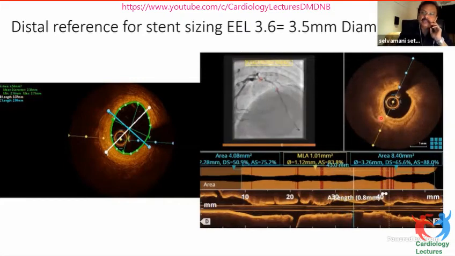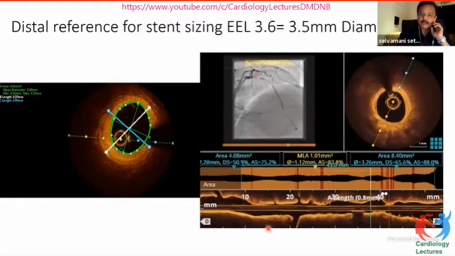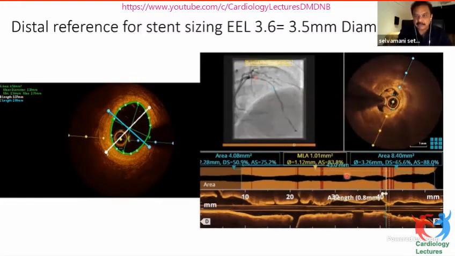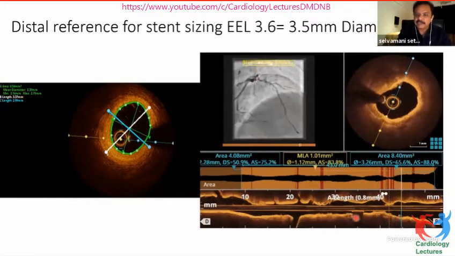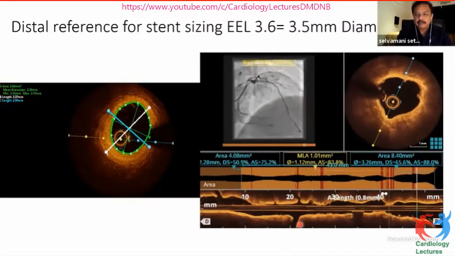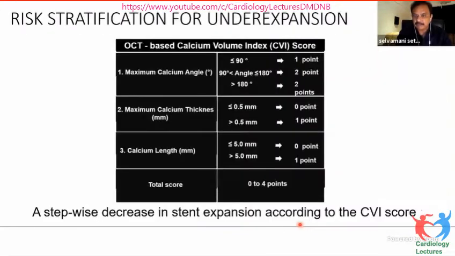What it gave me is an idea about the vessel size, the reference diameter, the length of the lesion, and the type of morphology. Coming to calcium, there is a calcium score which is based on OCT. The more the score, the possibility of underexpansion of stent is very high.